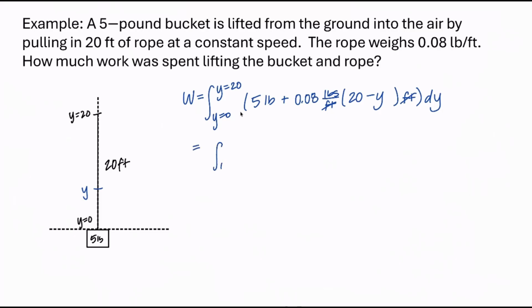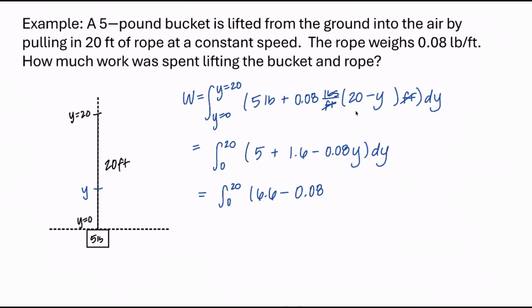We're going to have the integral from 0 to 20 of 5 plus, if I distribute, 0.08 times 20 is 1.6, and then minus 0.08y dy. Or the integral from 0 to 20 of 6.6 minus 0.08y dy.